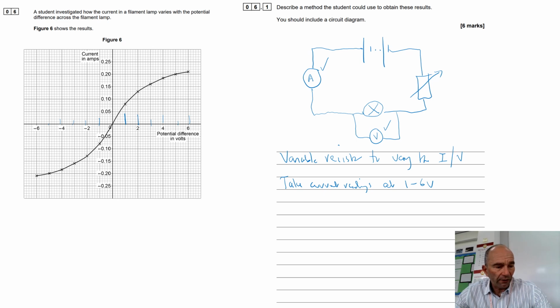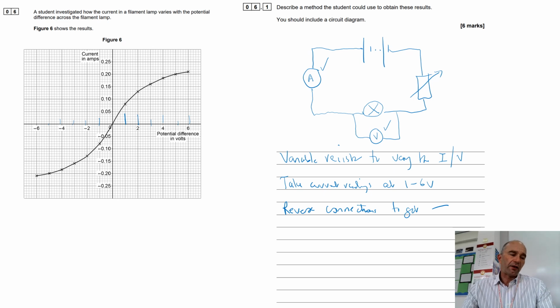Obviously we record all this in a table. How do we get the negative readings? Of course we reverse the connections to the power supply. So reverse connections to get the negative values, and then we're into some of the standard things that you should say in every method that you're writing.